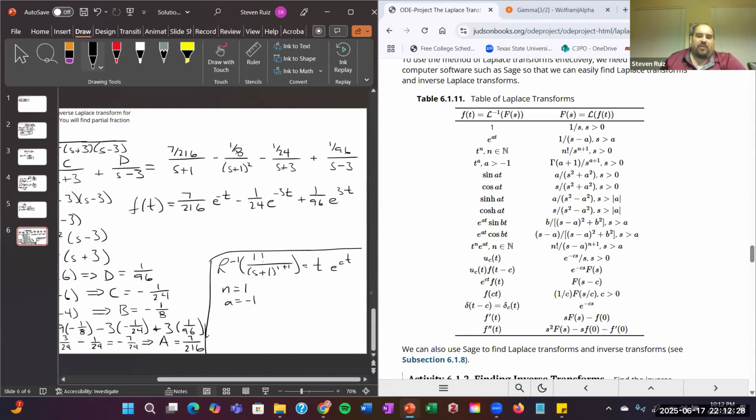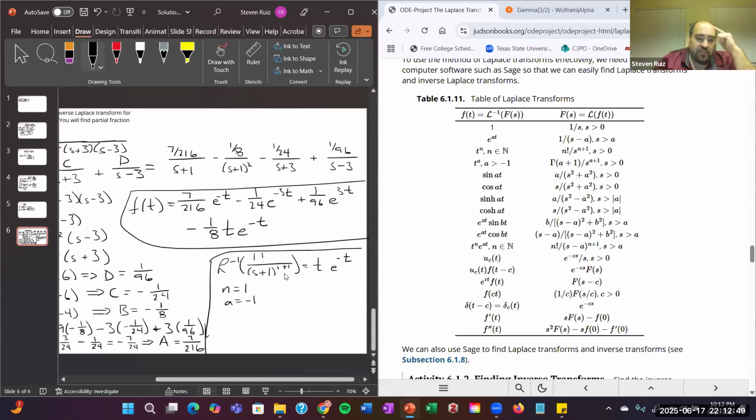So n is equal to 1, a is equal to negative 1. So I think my final term gets transformed to this, minus 1 over 8 t e to the negative t. So long way home for that one, but that is, I believe, our final transform.